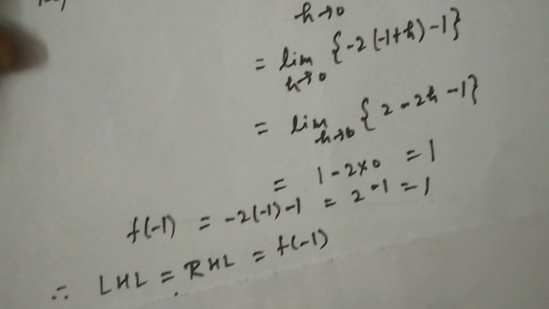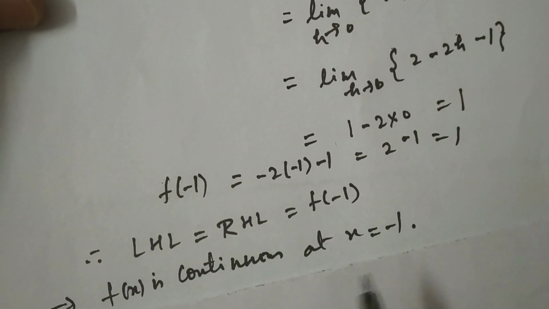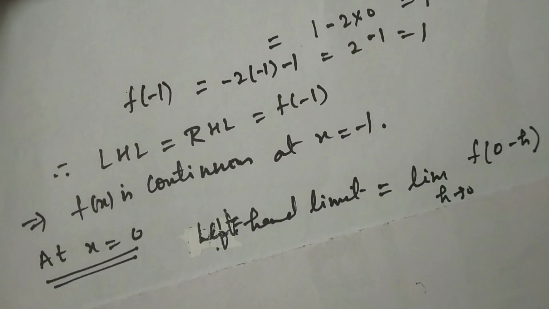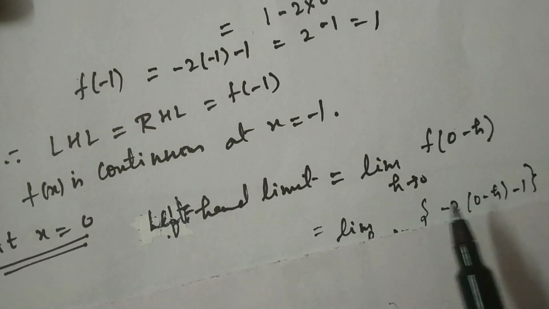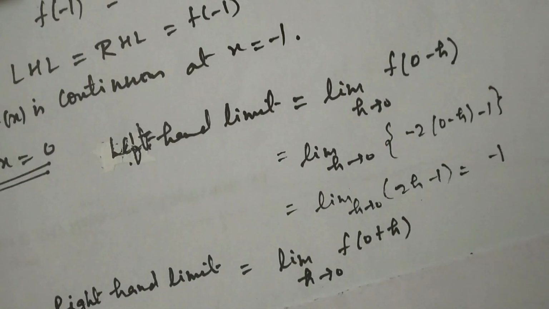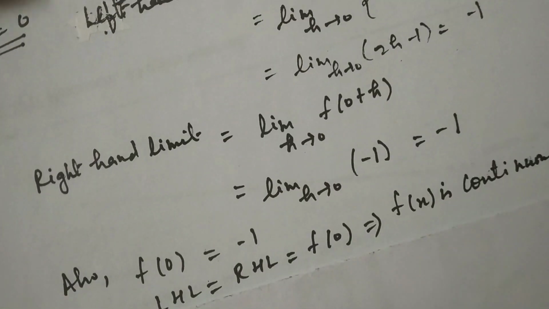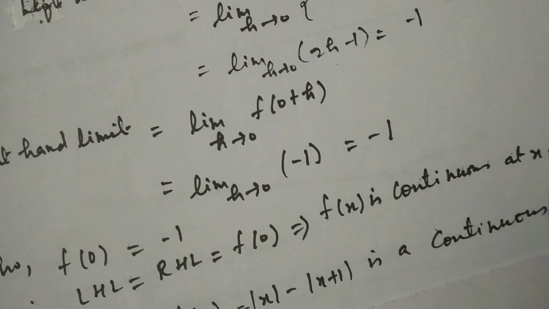So it's very clear that my function is continuous at x equal to minus 1. Now at x equal to 0, the other critical point, the left hand limit is minus 1, the right hand limit is also minus 1, and the value of the function at 0 is also minus 1. So at this point the function is continuous.